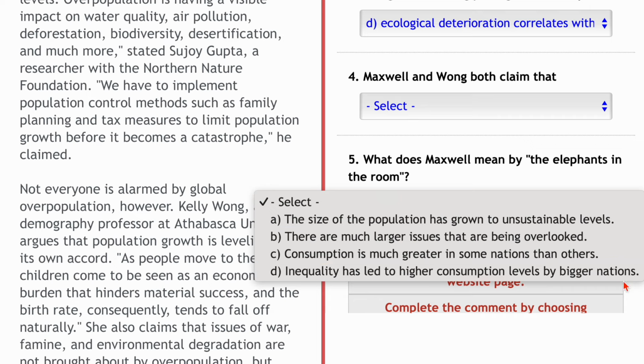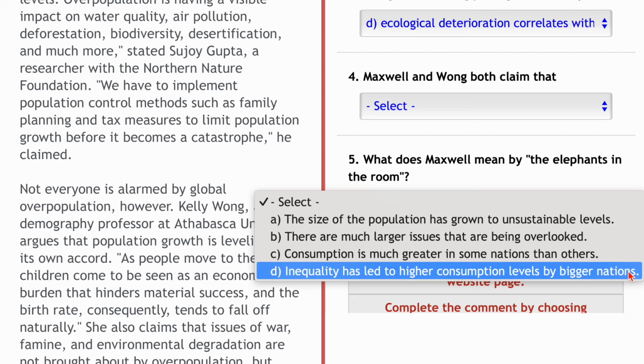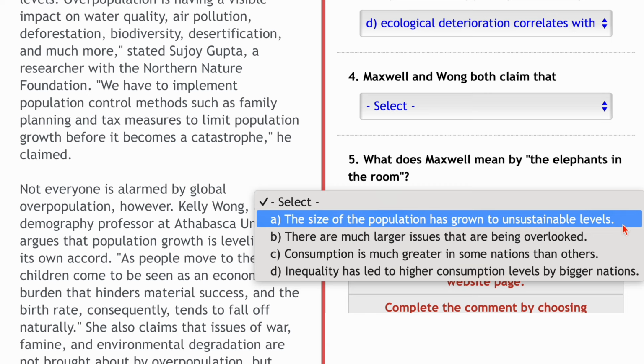Well, firstly, let me tell you that it's not A for sure. I hope you were able to not choose that one. The reason it's not A is very clear: Maxwell is not worried about population growth, right?